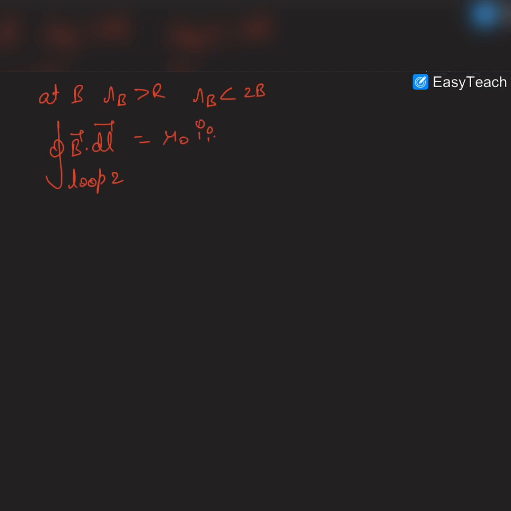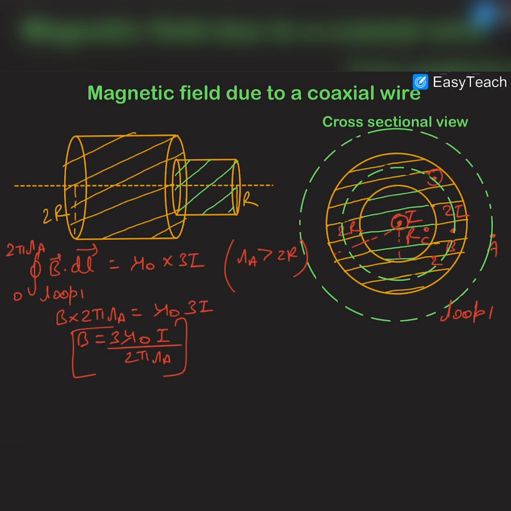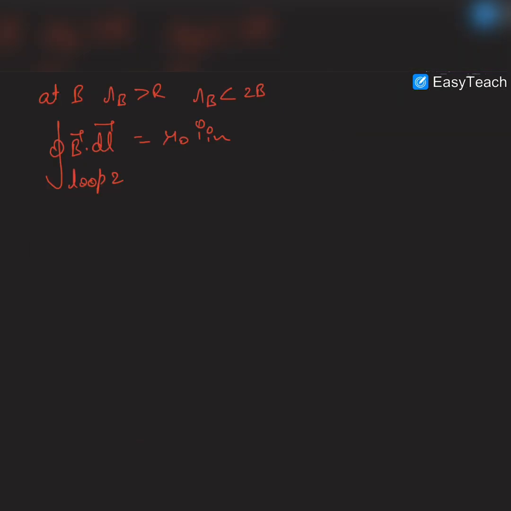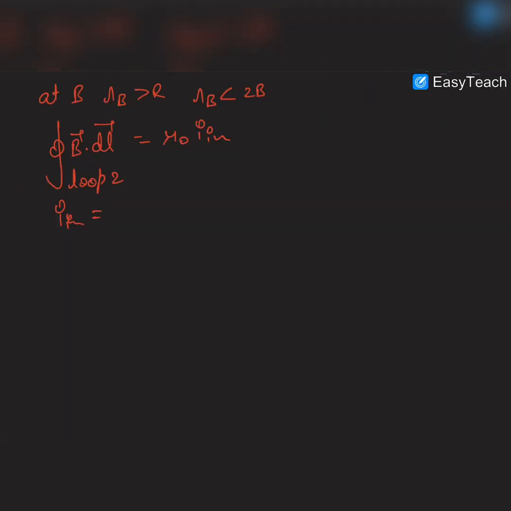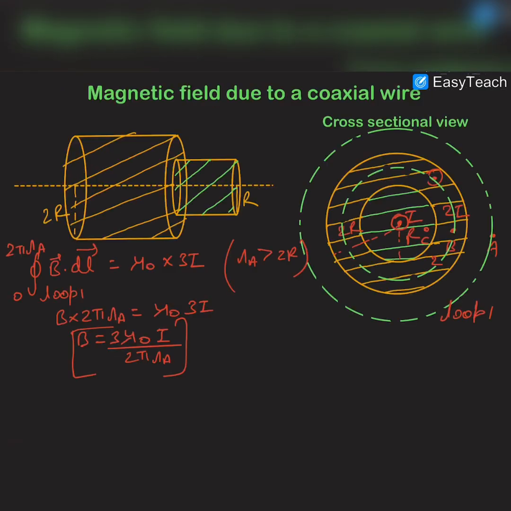There is an interesting change in this situation: I inside is the current completely flowing in the inner wire, plus the current bounded in this region inside the loop. So I inside will be equal to I plus the current in only this area.